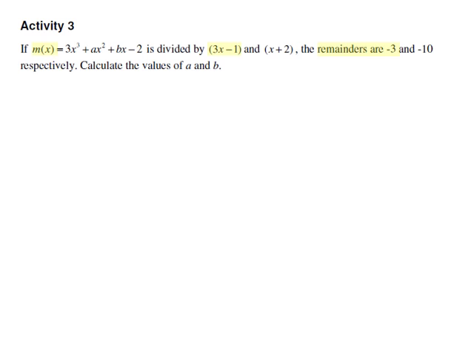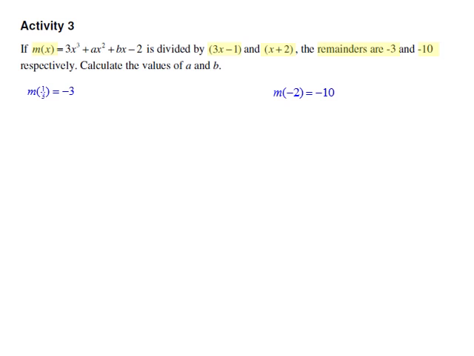When m(x) is divided by 3x minus 1, the remainder is minus 3, so that gives me the equation m(1/3) equals negative 3, and when m(x) is divided by x plus 2, the remainder is negative 10, which gives me that m(-2) is negative 10.